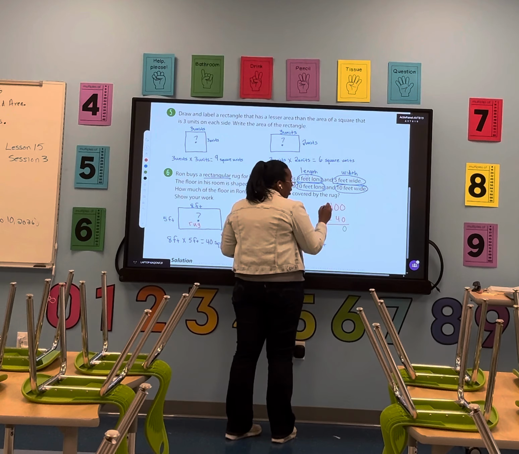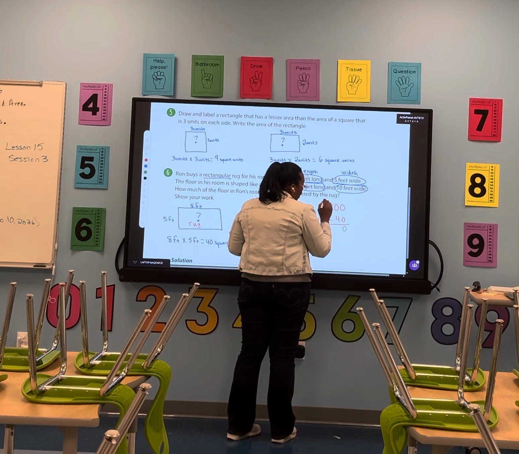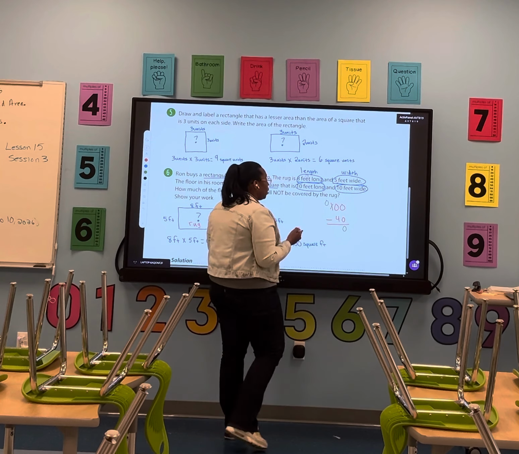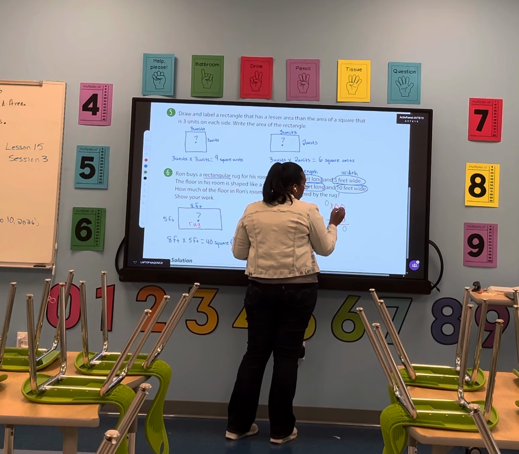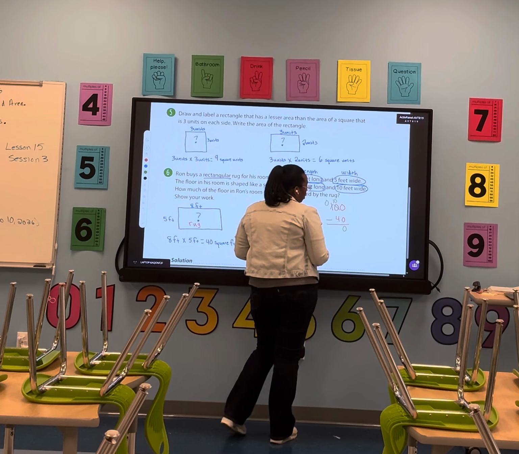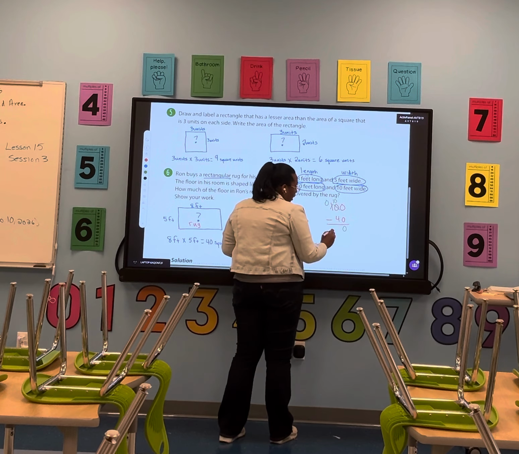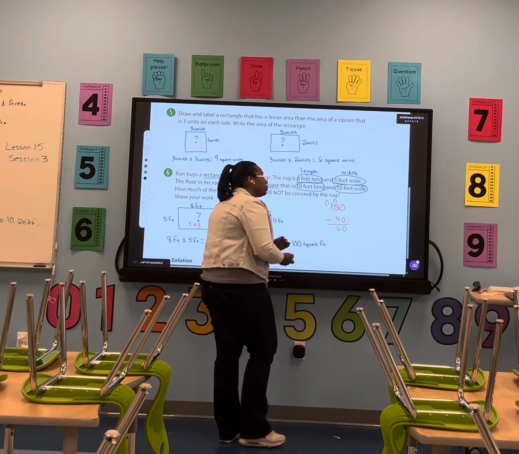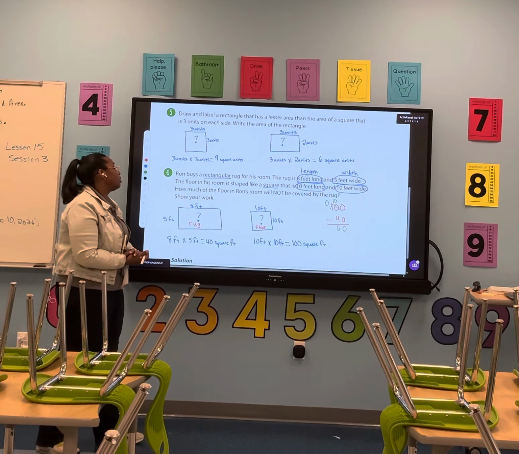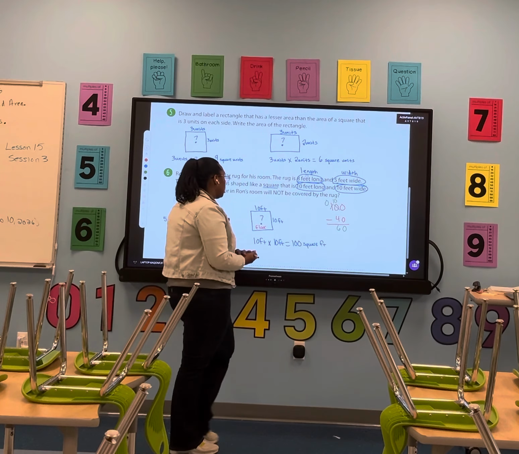So they're going to let me borrow that 100, and I'm going to leave them with 0. They're very generous. So we're going to bring that 100 back to my tens place, and I'm going to have 10 here. So 10 minus 4 is going to be 6. Okay, so that is how much of the floor that is not going to be covered.